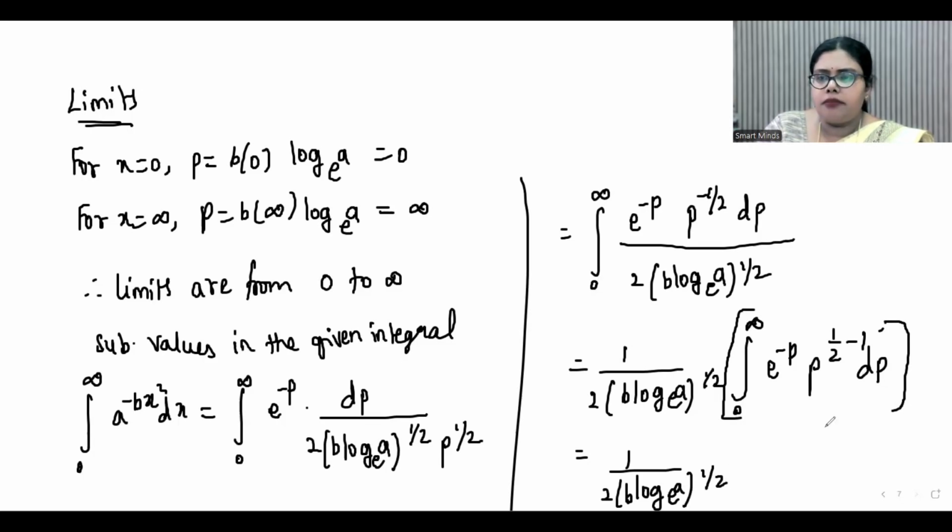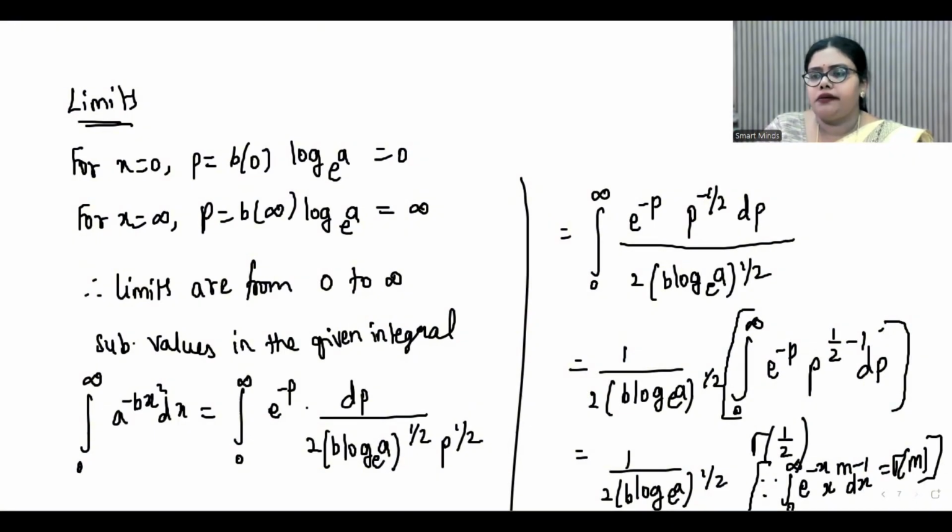So 1 by 2 into (b log a to the base e) whole power 1 by 2, this whole bracket can be written as gamma of 1 by 2. Why? Since integral 0 to infinity e power minus x, x power m minus 1 dx is equal to gamma of m. This is the formula I applied.